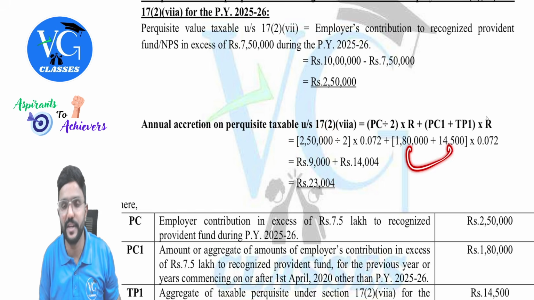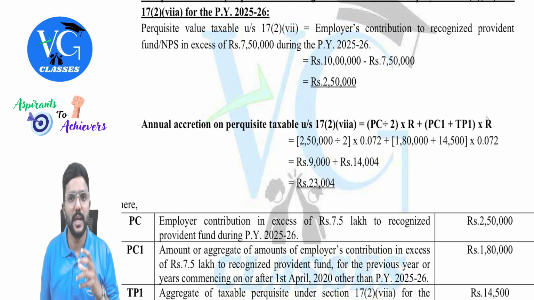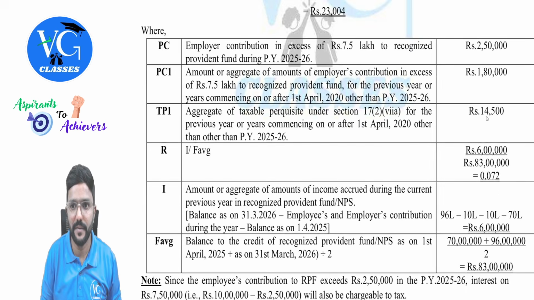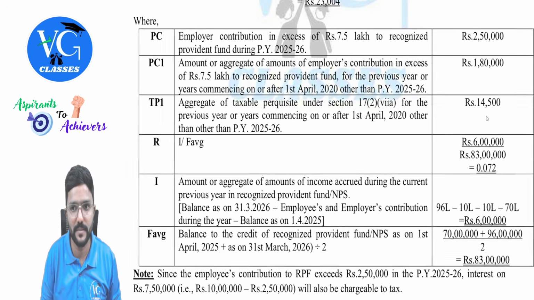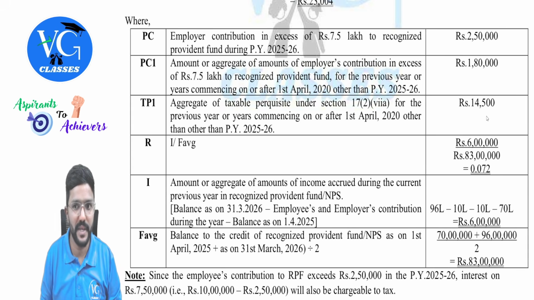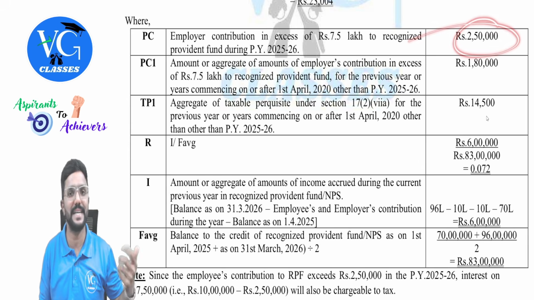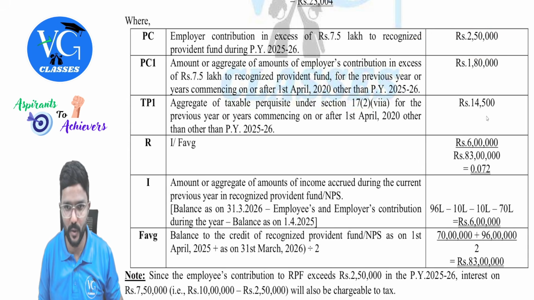Now these two figures I have already explained. Now let us calculate the rate of return earned, guys. I have given here in this table what each one of them stands for. PC, that is the employer contribution in the current year in excess of 7 lakh 50, which is 2 lakh 50, taxable as perquisite under section 17(2)(vii).